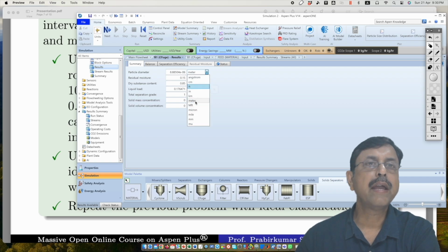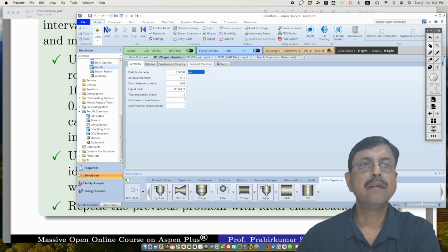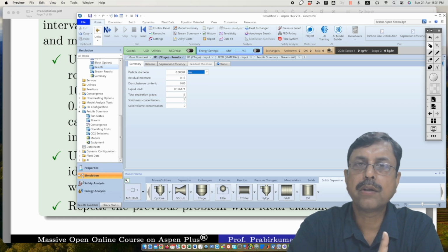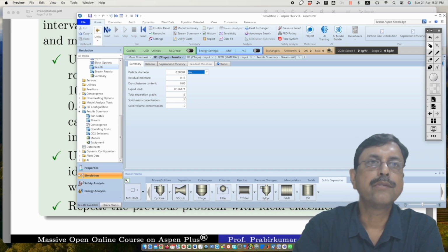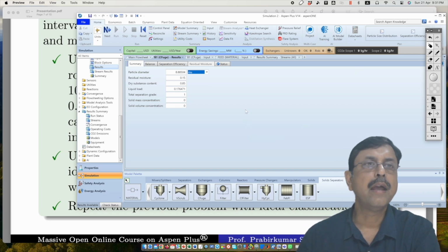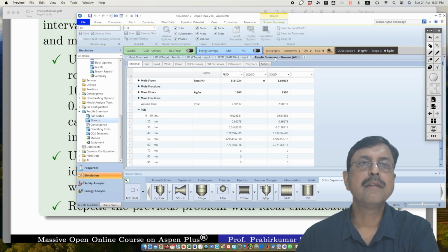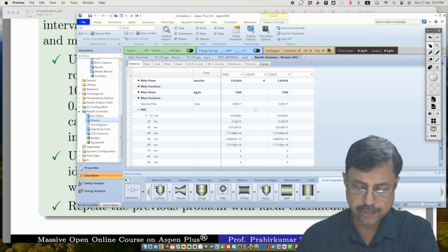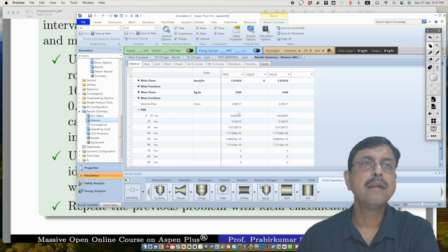So here you can find that it is ideal separation. So liquid load is given, and the total separation grade. The total separation grade is 1 because, as you know, this is ideal separation. All the solids have gone to the solids, and you can see it in the result summary. Here also, in the liquid, there is no solid.